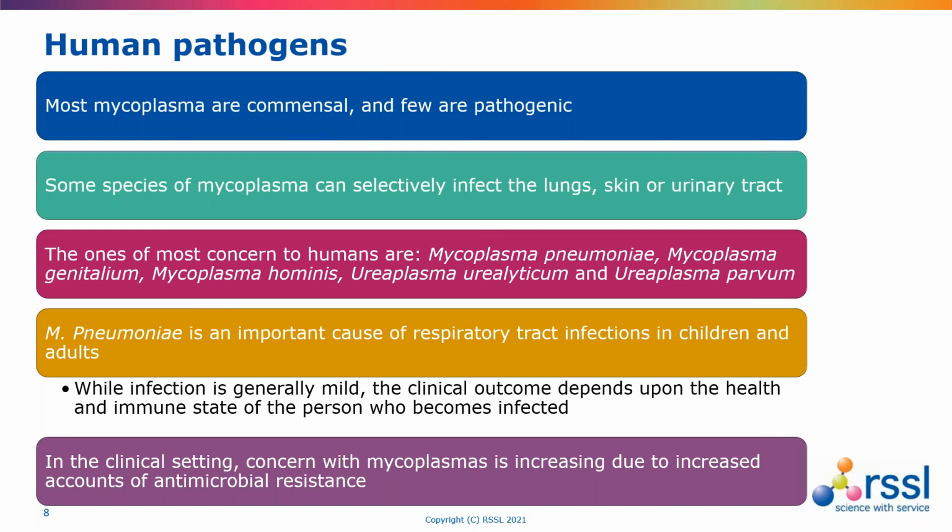Given that the array of antimicrobials and antibiotics that could be used is relatively narrow anyway, the rise in resistance is causing some concern, particularly around Mycoplasma pneumoniae infections, because that represents one of the higher causes of respiratory tract infections in children and adults.